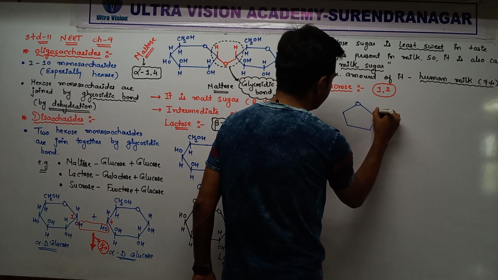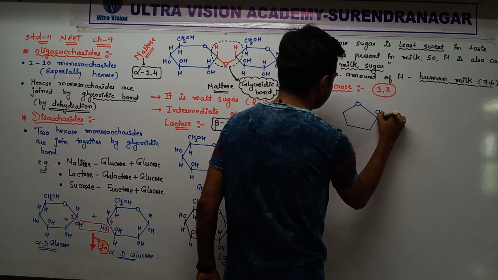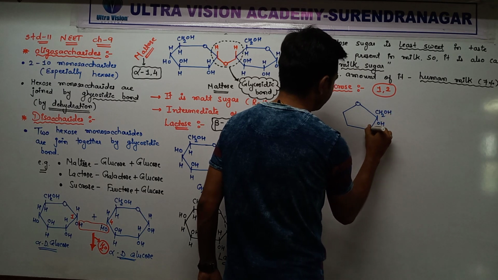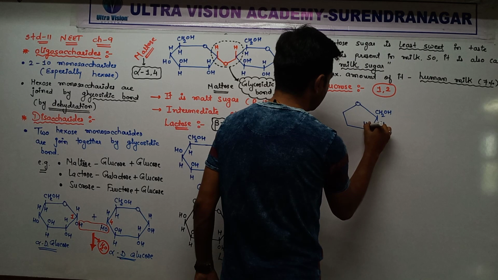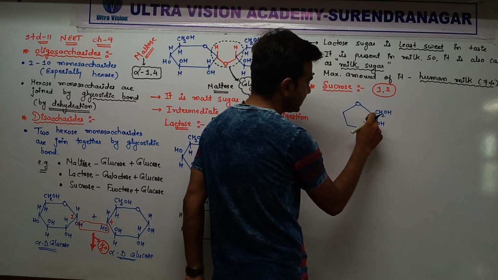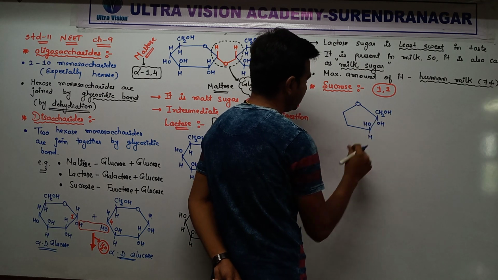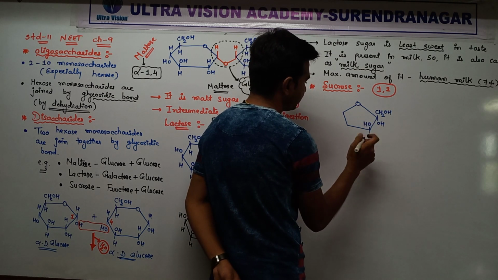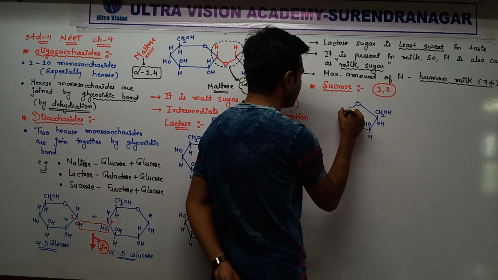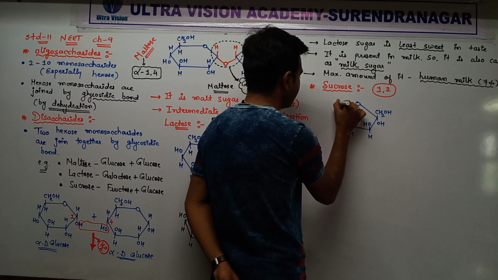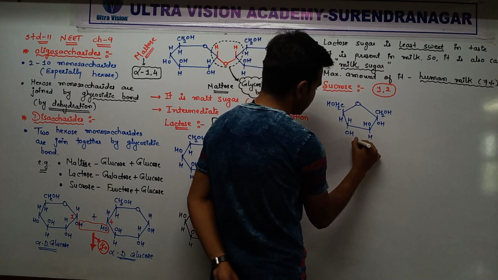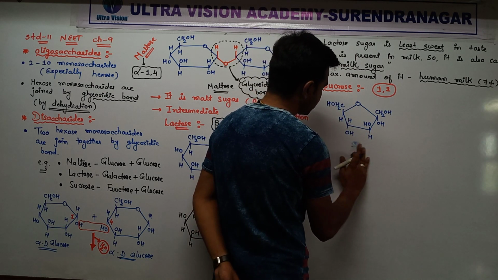As I told you earlier that CH2OH and OH group there. Here on the third carbon OH H there. So here you consider this is the second carbon. Fine. And this is the third carbon. So on the fourth carbon HOH there, and on the fifth carbon CH2OH and H is there. So this is the fructose.